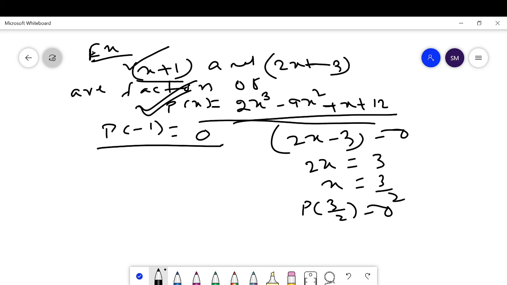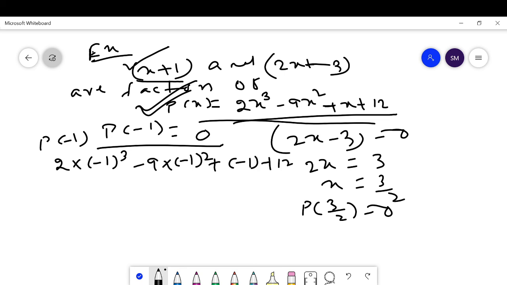Then find out p(minus 1). p(minus 1) is equal to 2 into minus 1 cube minus 9 into minus 1 square plus minus 1 plus 12. Then this is minus 2 minus 9 minus 1 plus 12.